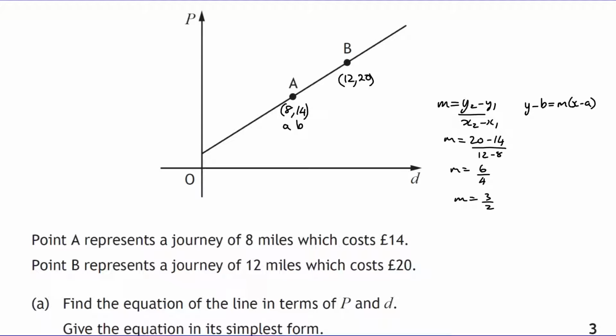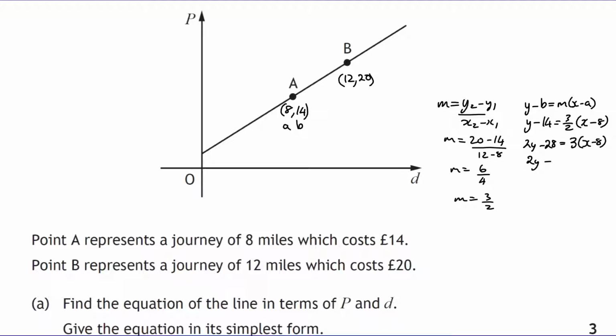And this is my gradient. So y minus 14 equals 3 over 2 (x minus 8). And I'm going to multiply both sides of the equation by 2 here to remove this fraction. So we get 2y minus 28 equals 3(x minus 8).